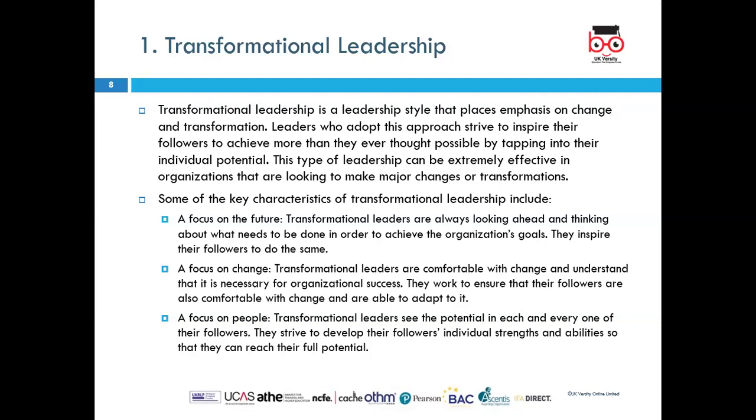Some key characteristics included are a focus on the future. So again, you have your organization's goal, the bigger picture that you should have in your focus. The second is a focus on change. So everything doesn't remain the same. You have to be able to adapt to change, and understand why it is necessary for the organization to make this certain change.